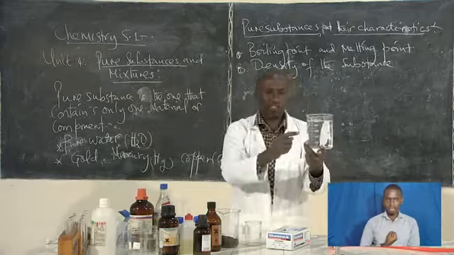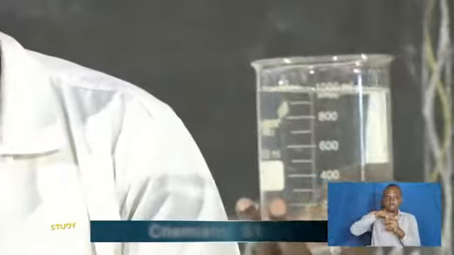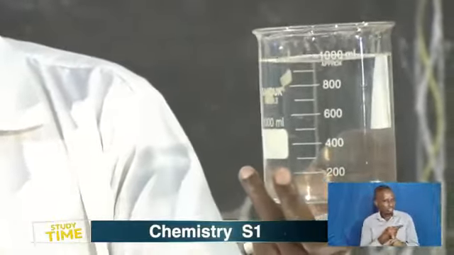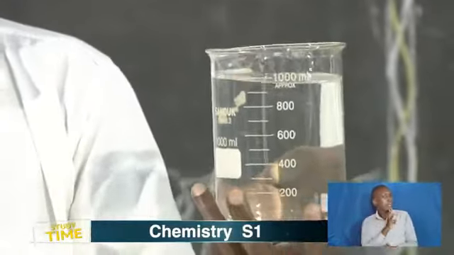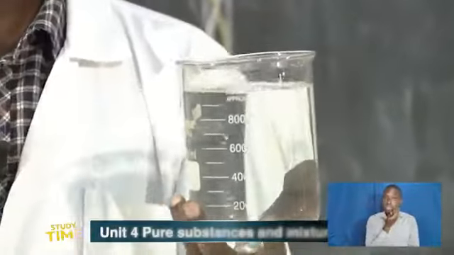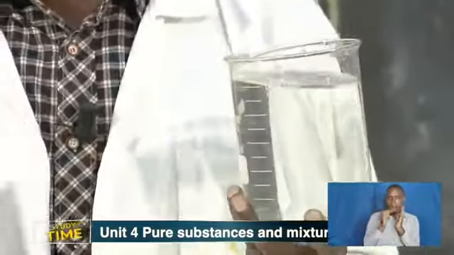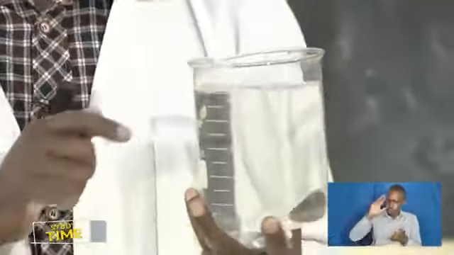For example, you can't easily tell what kind of liquid this is. If I look at it, I may think probably it is water, but it may not be water. So you need to determine the boiling point of this liquid to confirm whether it is water.